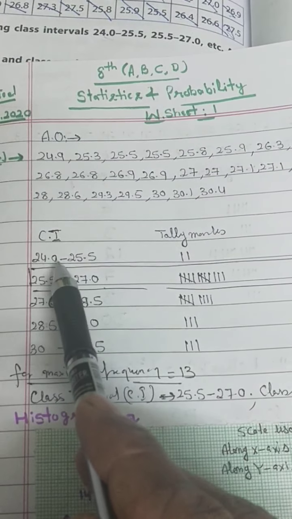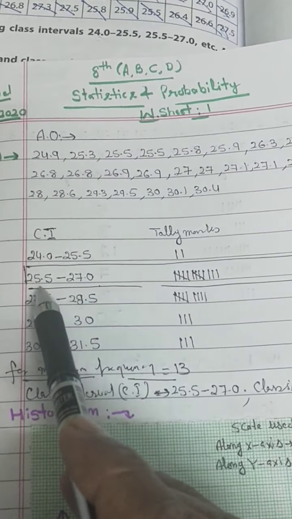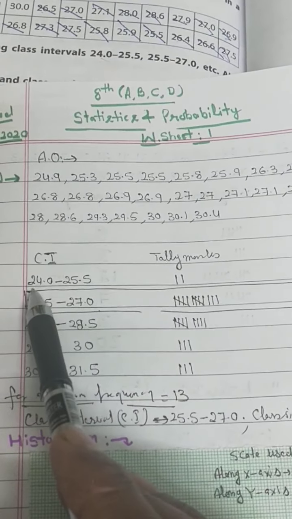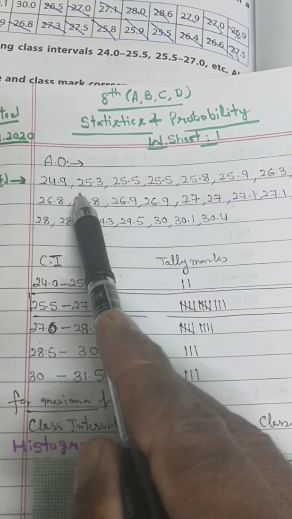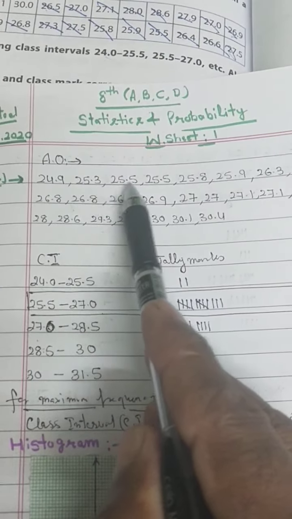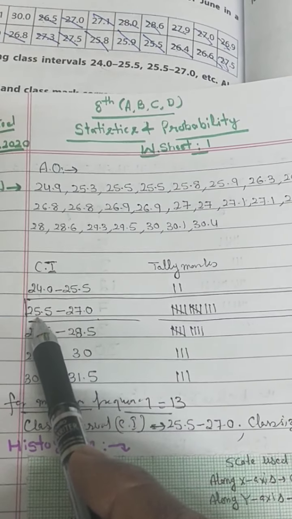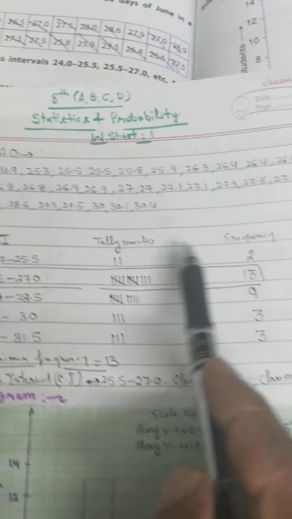The upper limit 25.5 goes to the next class as its lower limit. So in 24 to 25.5 there are only 2 observations, because 25.5 is counted in the next interval. So tally marks 2 and frequency 2.